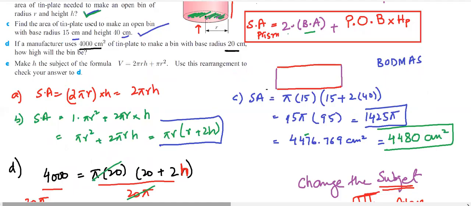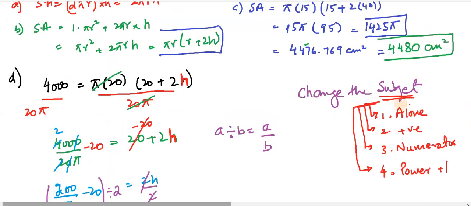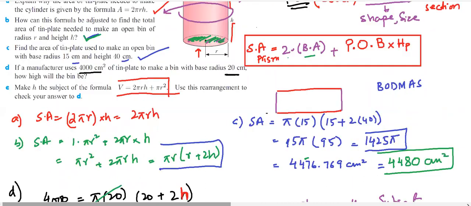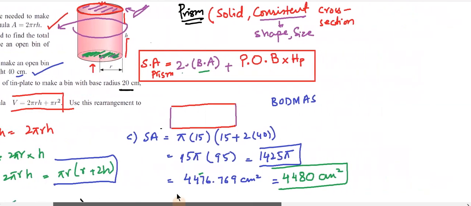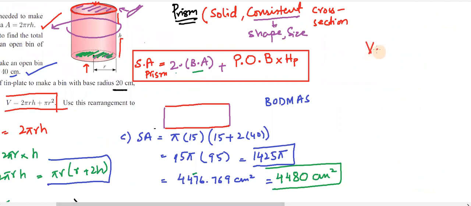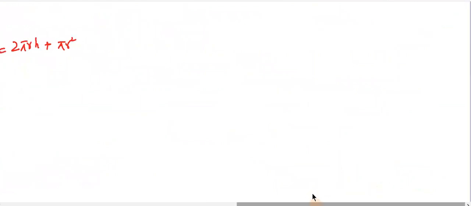Moving on to our last part of the question. Make H the subject of the formula, this. So you can see here, whatever we did in part D, we are now going to do without any values. It's all going to be in terms of R, H, pi, and V. So keeping this formula, V is equal to 2 pi R H plus pi R squared, and making H the subject, we should have this.